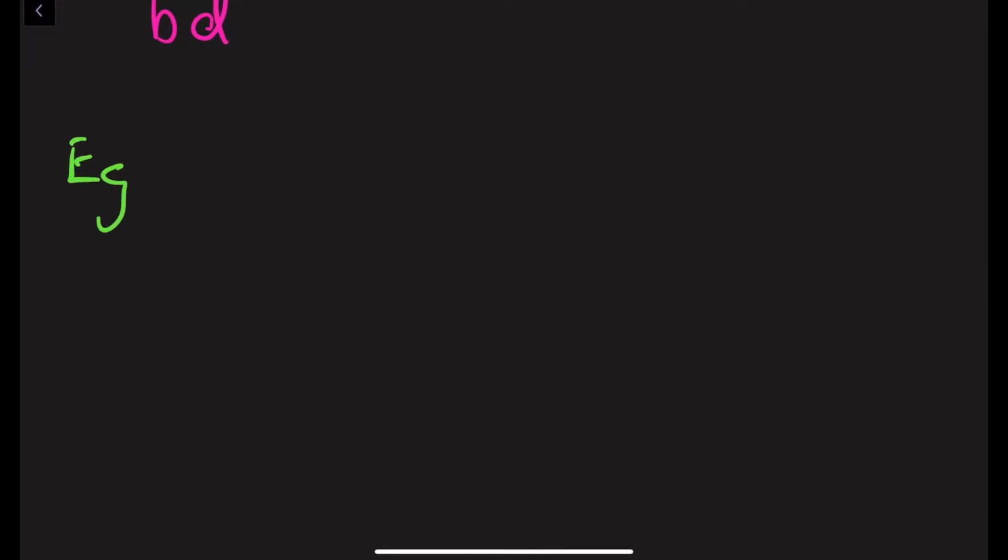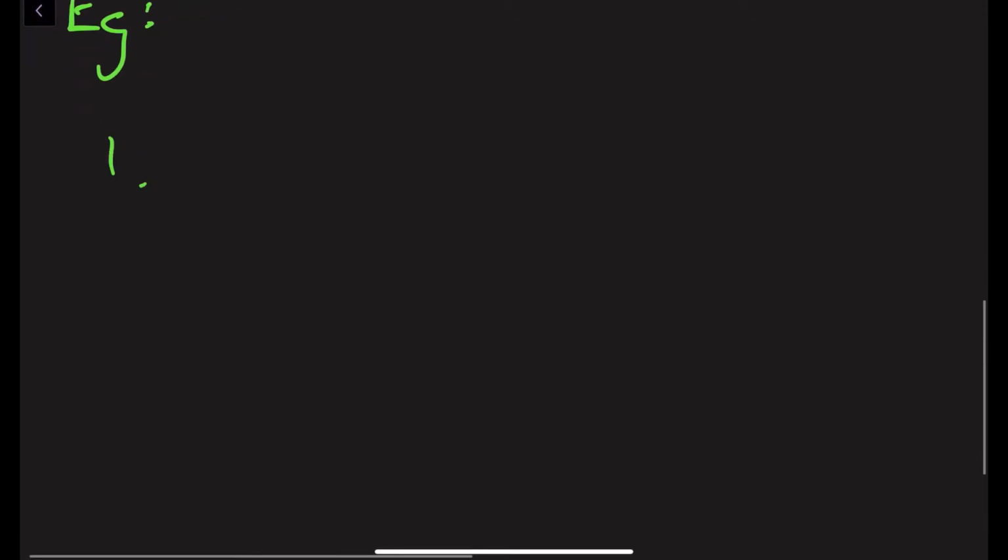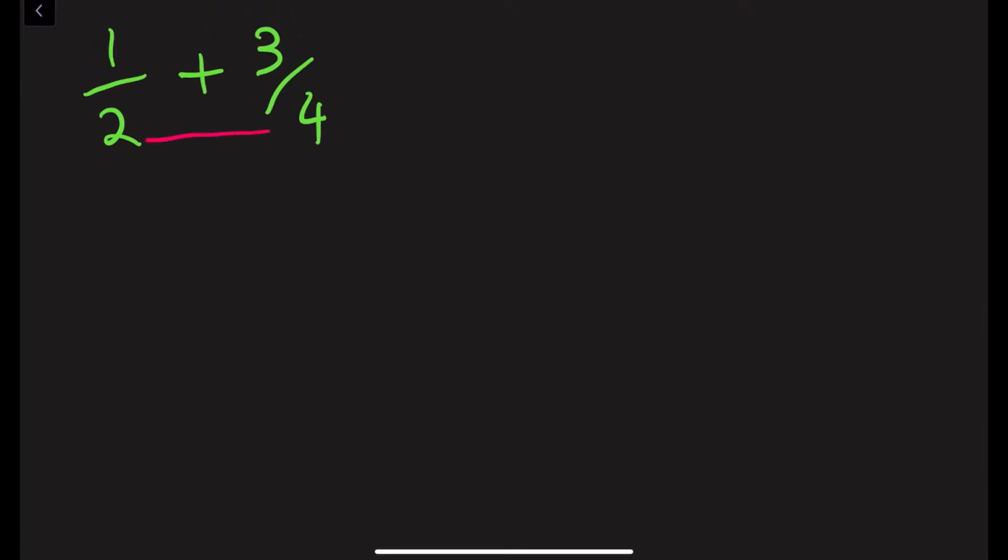So example 1, say we have a half plus 3 over 4. As before, in the general case, multiply the denominators together. We multiply 4 and 1 together, and then add that with 2 times 3.